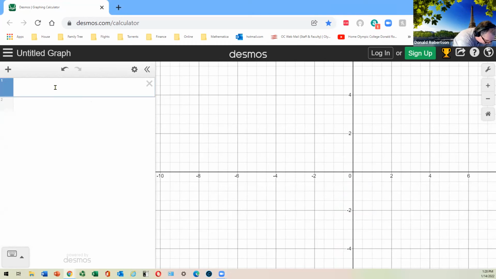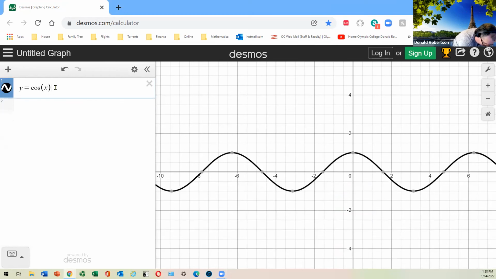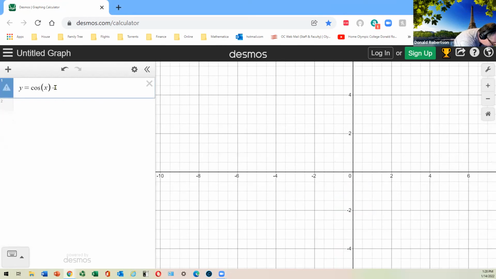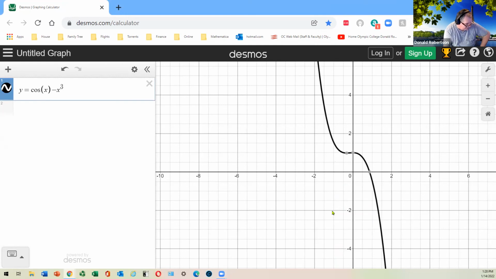I'm going to do y equals cosine of x, take away x cubed. There. Can you see the answer right there? See it being 0? Well, won't that be the x value where this is 0? Haven't we solved the equation?